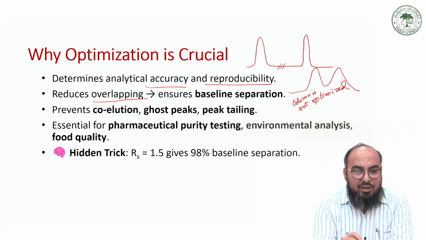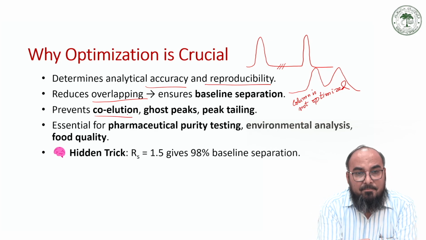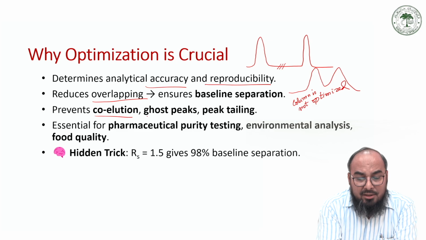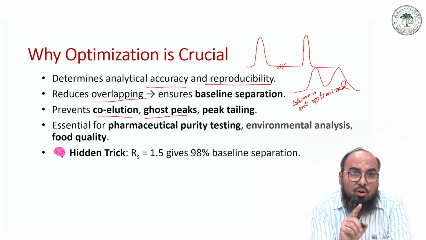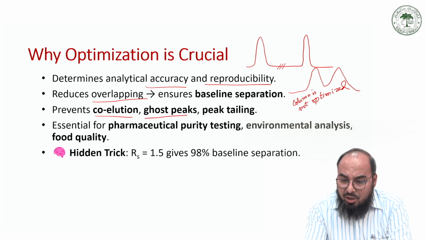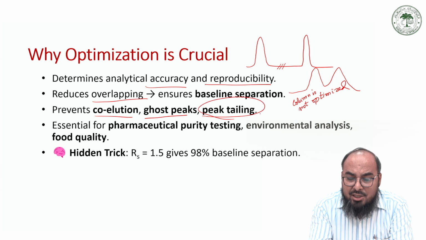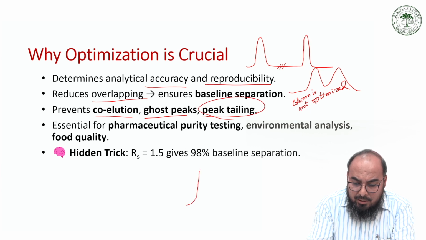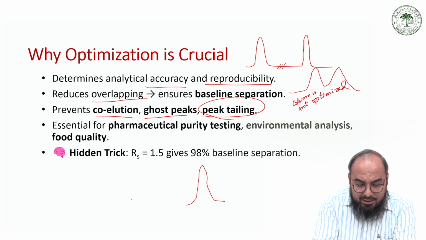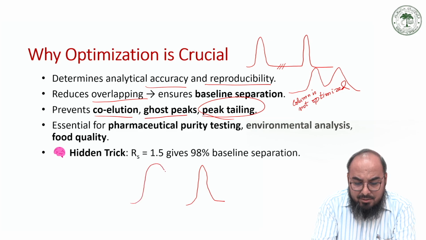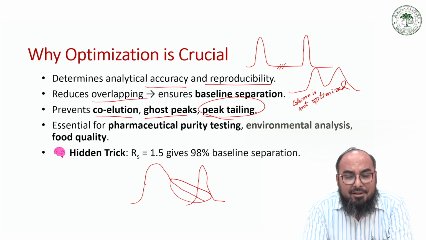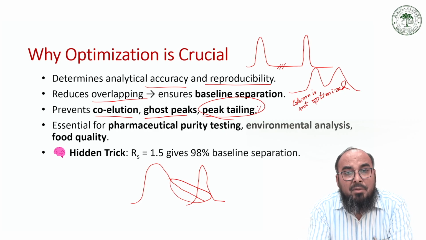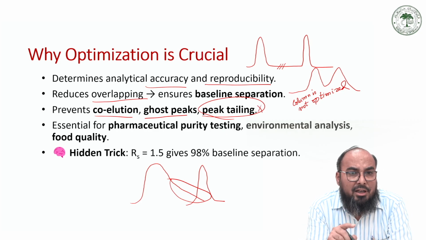Similarly, we have to look into coelution. We have to ensure that no extra peaks are coming, that is, no ghost peaks. And we have to ensure there is no peak tailing; your peak must be like this. If it is coming like this, then that is called tailing. So we have to have minimum tailing or at least no tailing.